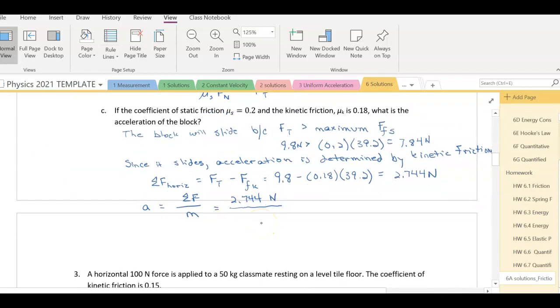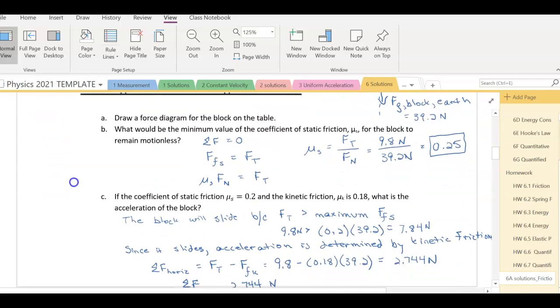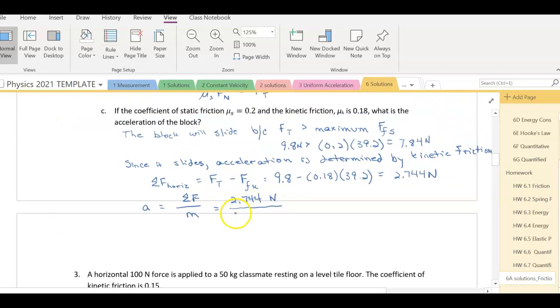But in this case, both the block, the green block, and this blue lab mass are tied together, joined by this string, and they are both accelerating at the same rate. So the accelerating mass is going to be the 4 kilograms plus the 1 kilogram, because both the lab mass and the block accelerate.